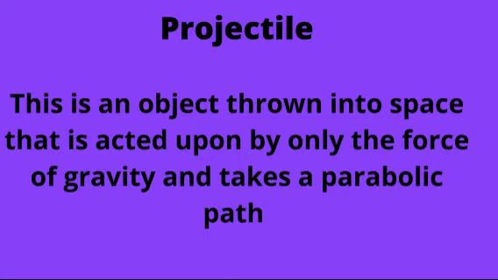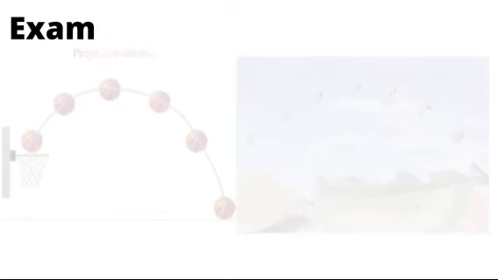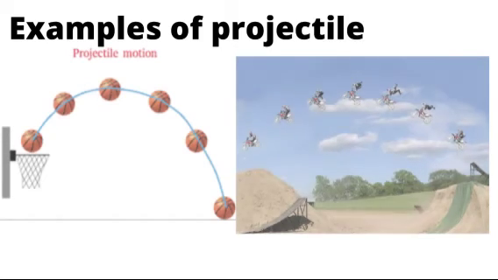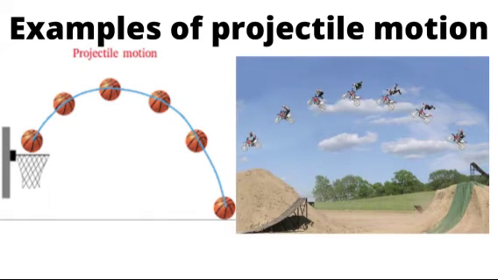So for every object, like when you throw a basketball, as you can see in the picture, the path that it takes in the air, if it takes this form of motion, is the parabolic path. So if it takes this parabolic path, then the object is referred to as a projectile. Another example is, as you can see above, the cyclist that is jumping from one point to another.